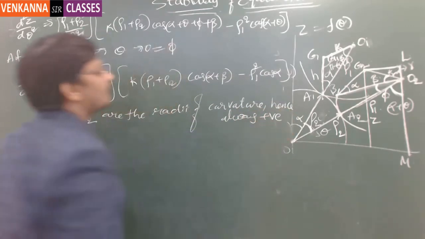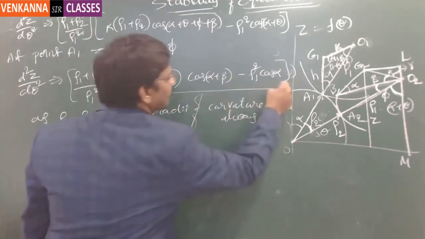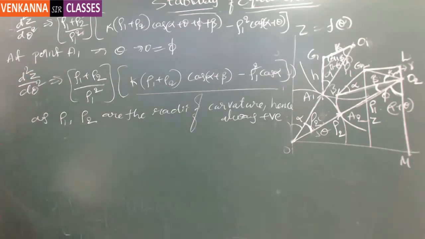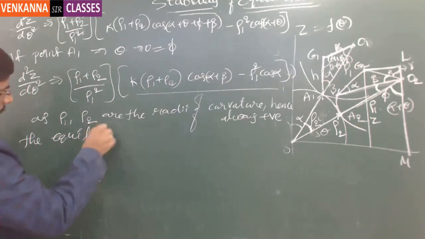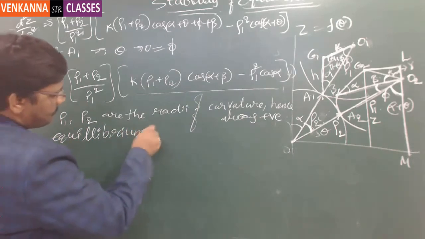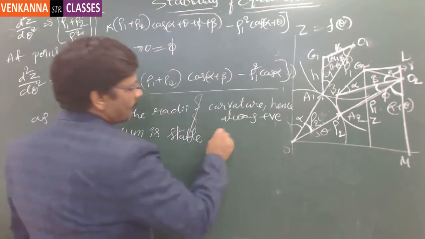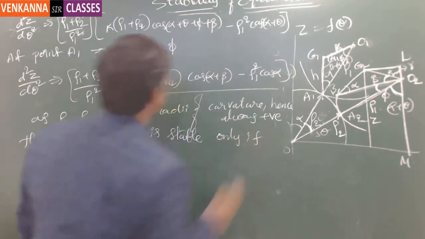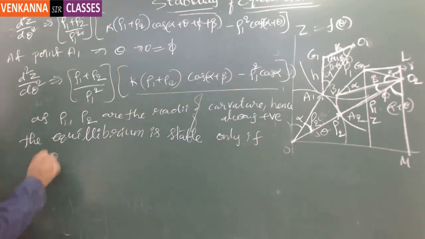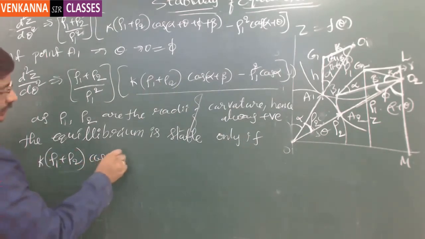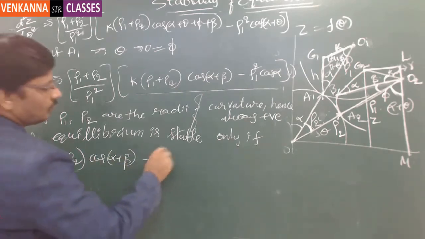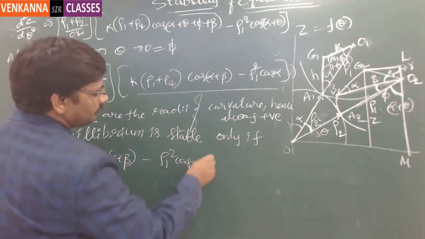So if it is always positive, then this part is the deciding factor to have the Z min or Z max. So the equilibrium is stable only if k times of rho 1 plus rho 2 cos alpha plus beta minus rho 1 square cos alpha is greater than 0.